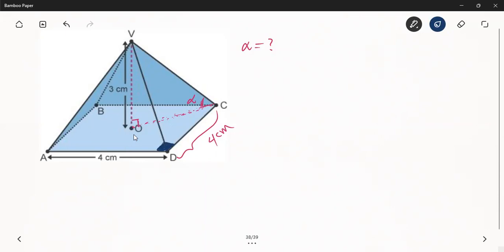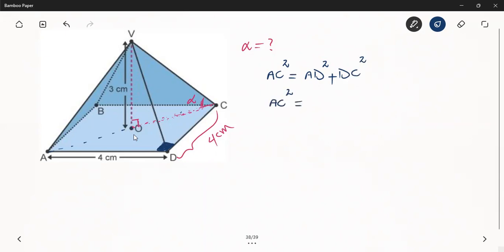Look at this. This hypotenuse, for this right triangle at the base of this pyramid, is how much? I mean AC. AC squared equals AD squared plus DC squared. I do not know what AC squared is.